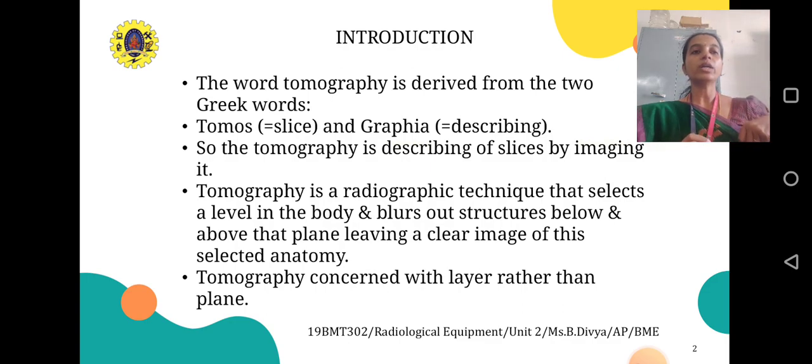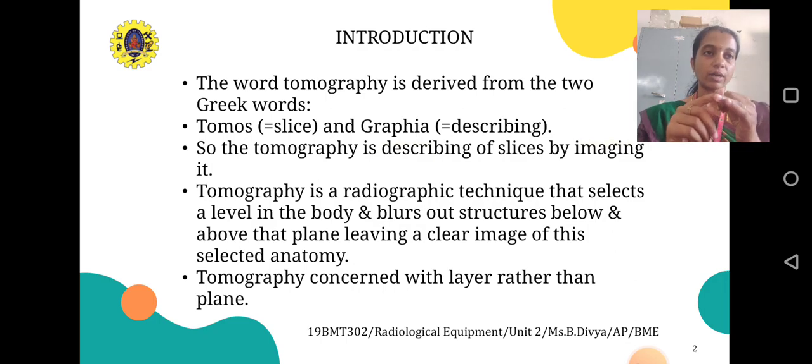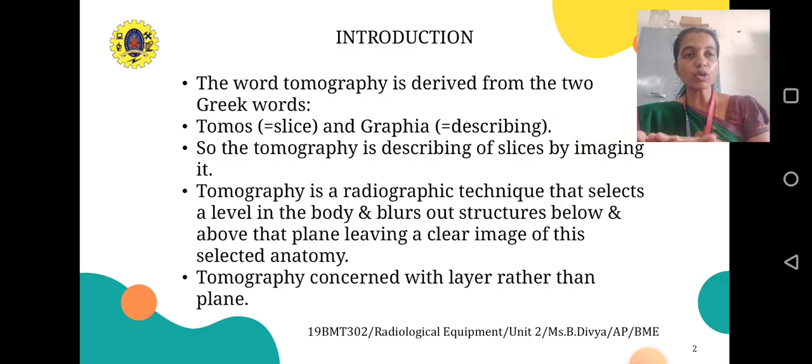So tomography is describing slices by imaging them. Generally, tomography is a describing of slices. The slices will be described by imaging, in the form of images.